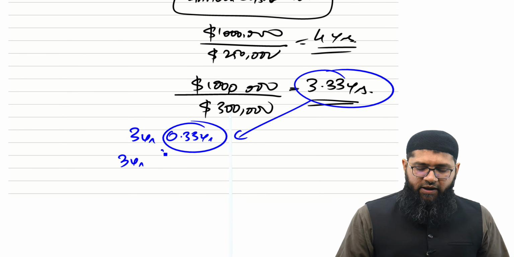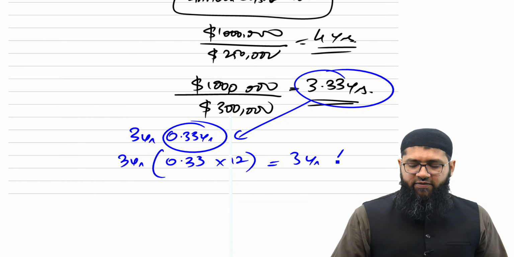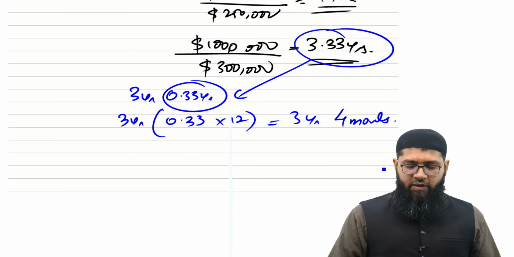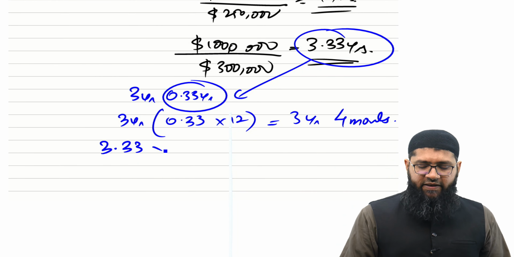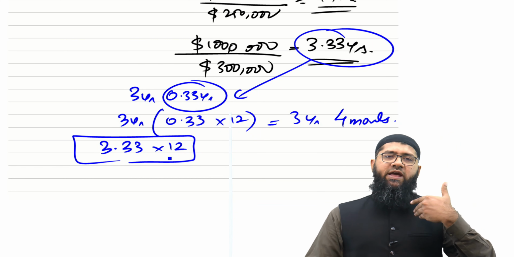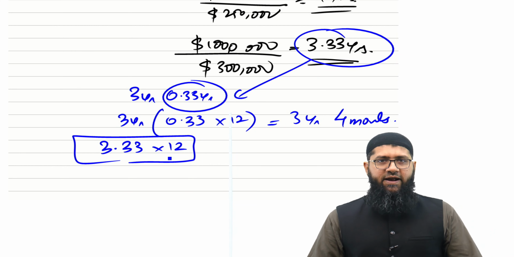You could say 3 years and 0.33 year multiplied by 12, so 3 years 4 months. Or the examiner could ask the question in terms of number of months, so you could directly say 3.33 into 12. Or he could ask in terms of weeks, in which case you multiply by 52, and so on. Is that okay to you people?